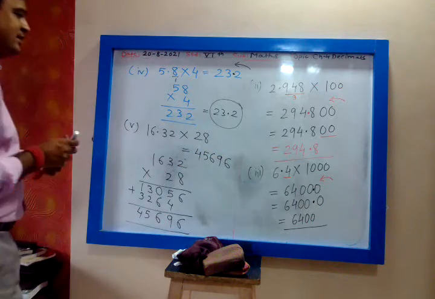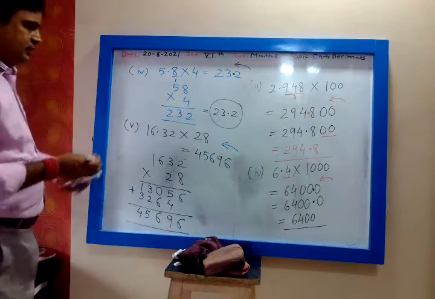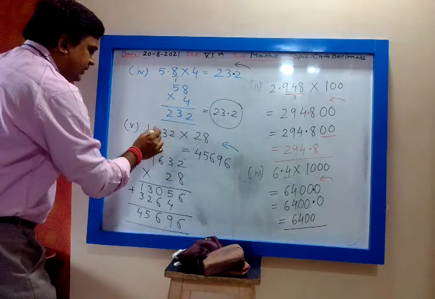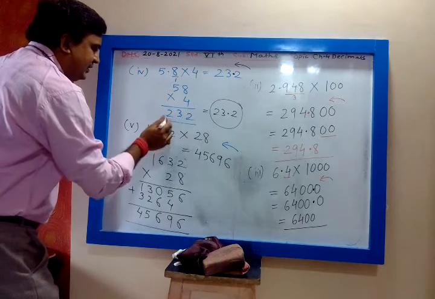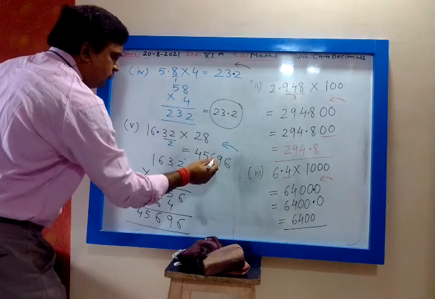Now you have to place the decimal from the right side. How many decimal places are there? 2. So move from the right: 1, 2.